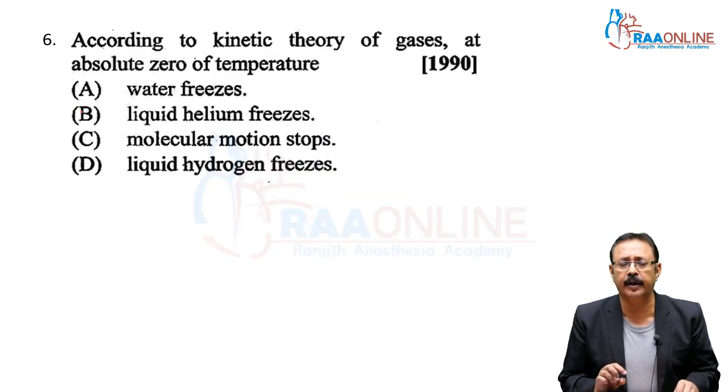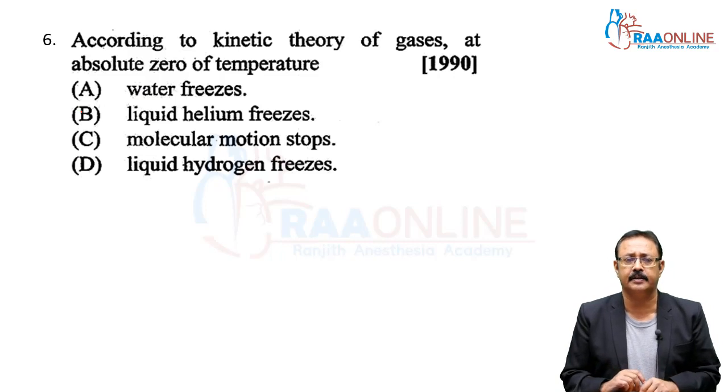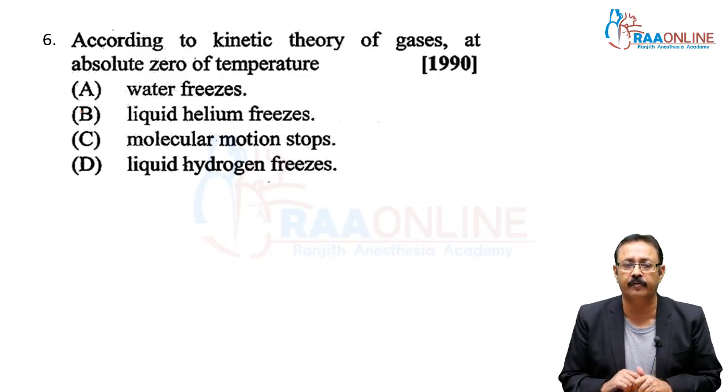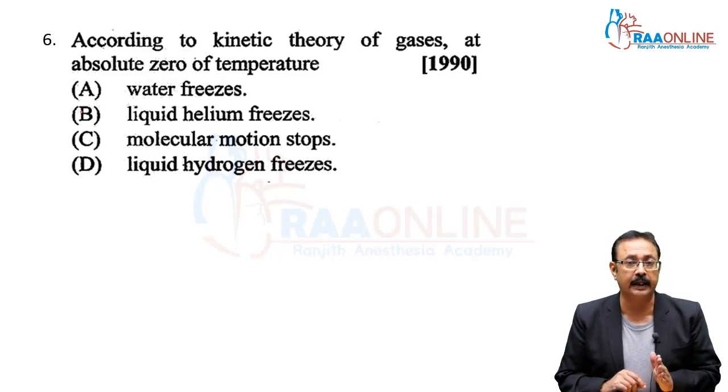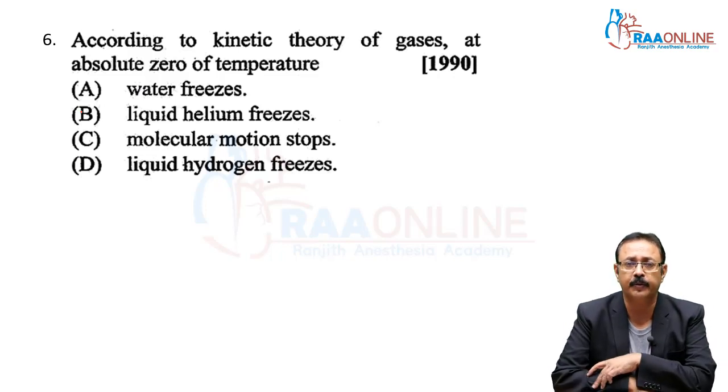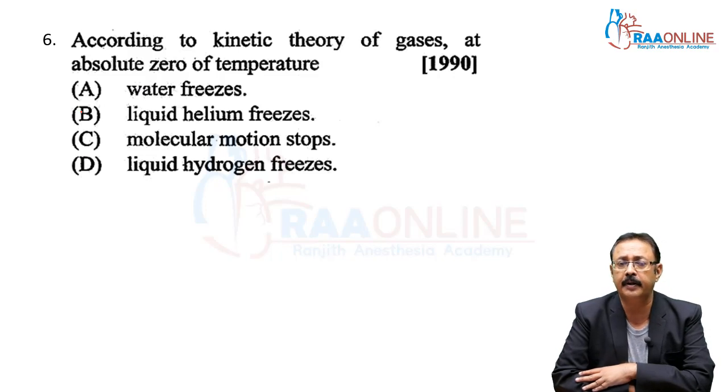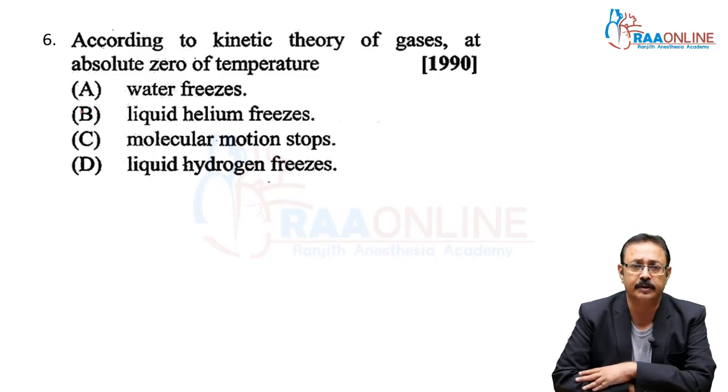Next, according to the kinetic theory of gases, at absolute zero of temperature, what will happen? We calculated the kinetic energy of a molecule. What was the kinetic energy of a molecule? It was 3 by 2 kT. k and 3 by 2 are both constants.